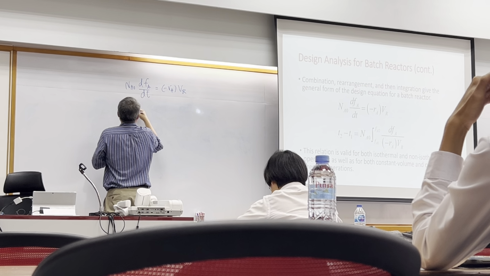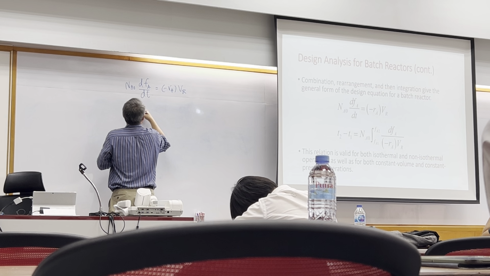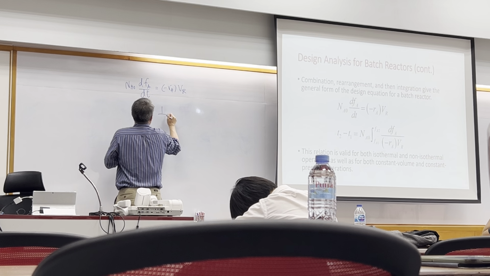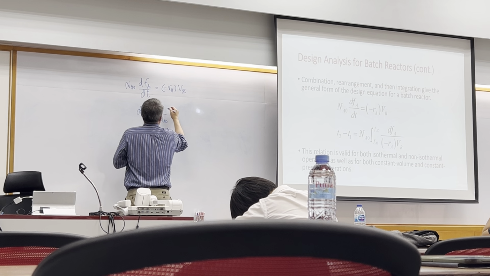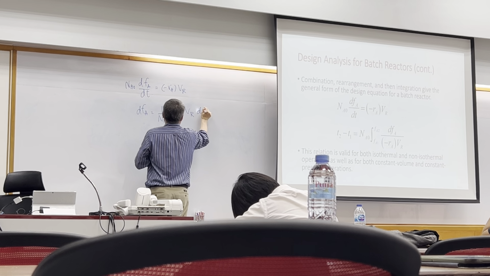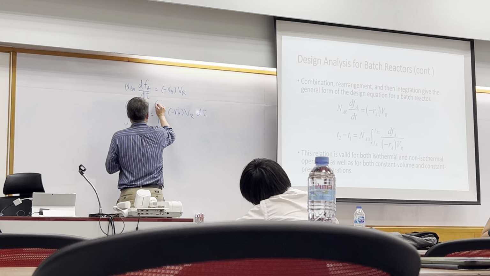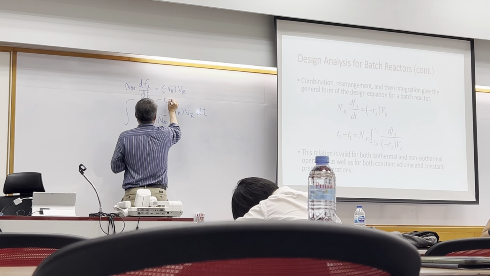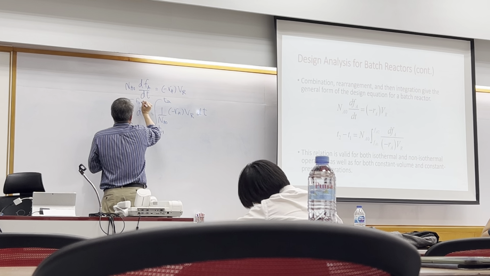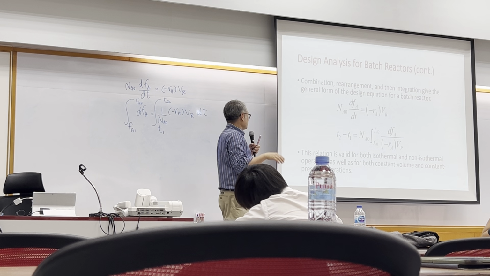And then you separate the variables. You have dFA on the left hand side, you move 1 over NA0 minus RA VR dt to the right hand side.